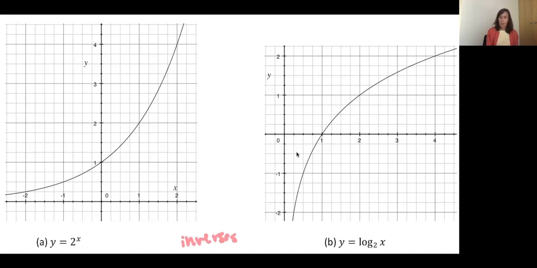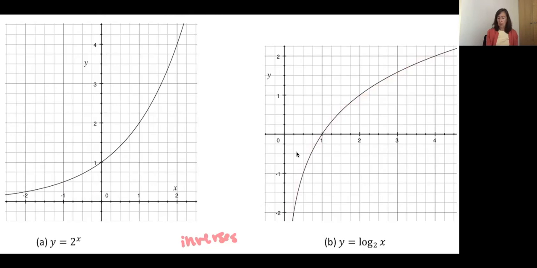One way to see that they're inverses is to mentally take the exponential function. I wanted to just highlight it there. A lovely color, isn't that nice pink? You take this function and think of just rotating it, which is what you're doing. You're switching the vertical and horizontal axes, and you get the log function.